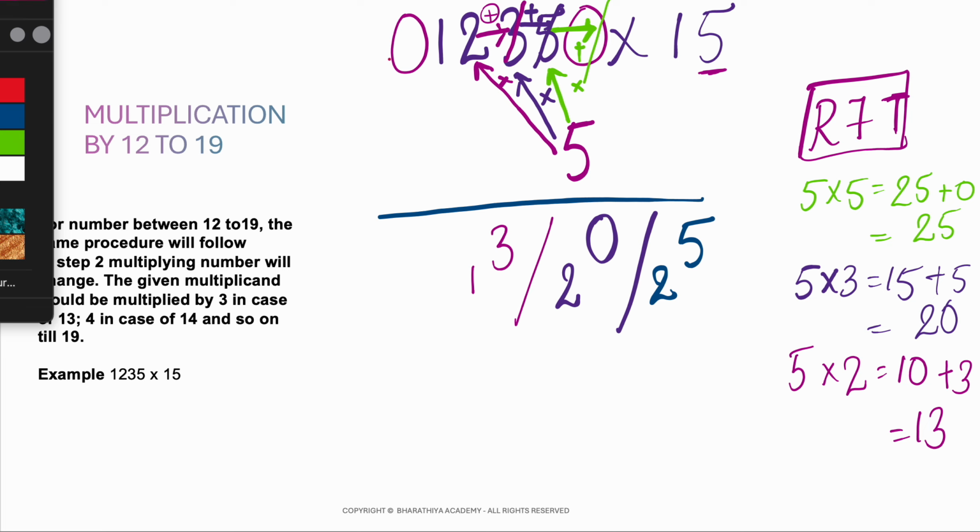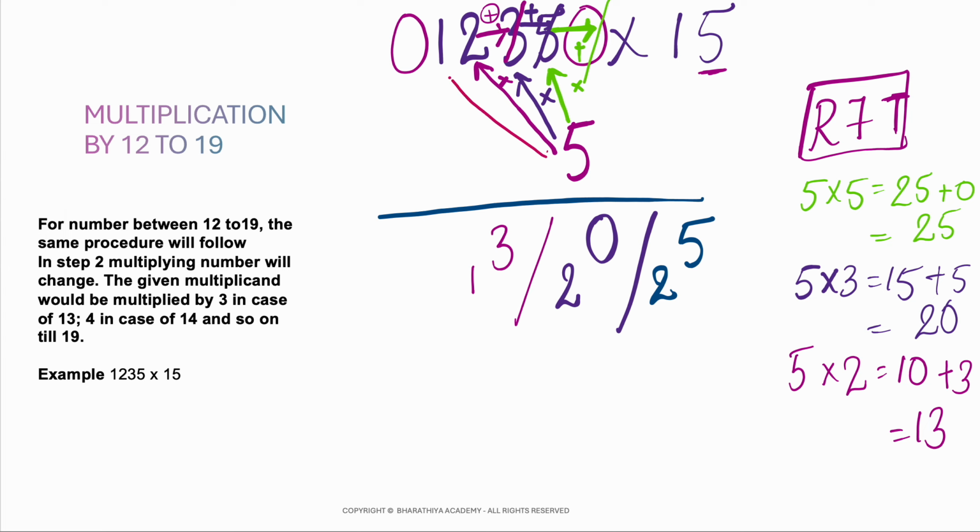All right. So this 5 we will multiply with 1. So 5 into 1 is 5. And then we will add it with the following number, which is 2. 5 plus 2 is 7. Okay. So just write 7 here and put a 0 here.